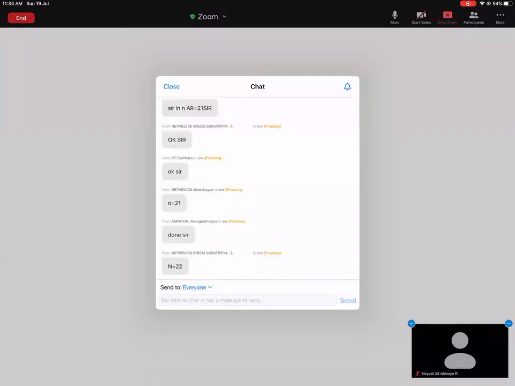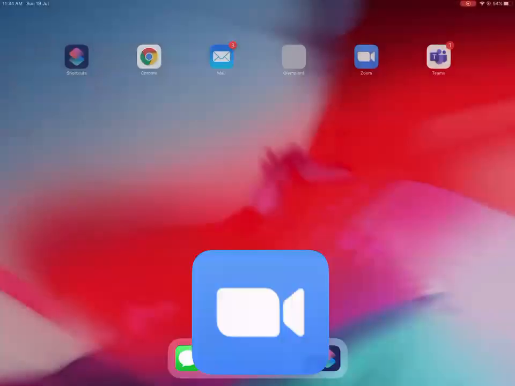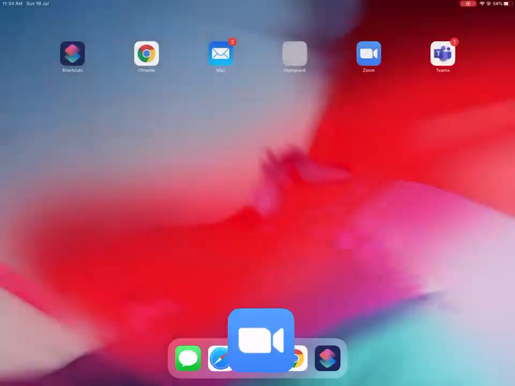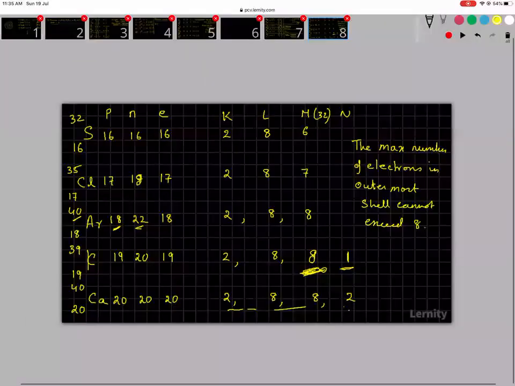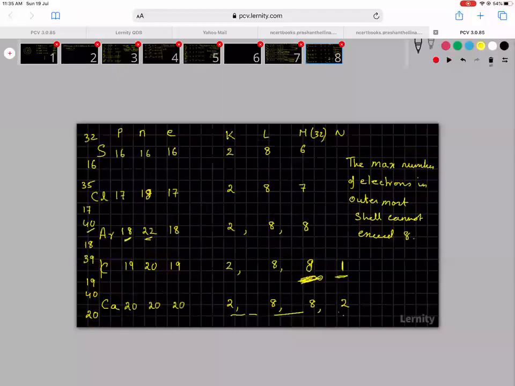The number of neutrons is not important. Don't worry, don't waste your time on that. Yes, in some books argon is given as 39, in some books argon is given as 40. Argon has different isotopes. One isotope is 39, one isotope is 40. The more predominant isotope is 40.